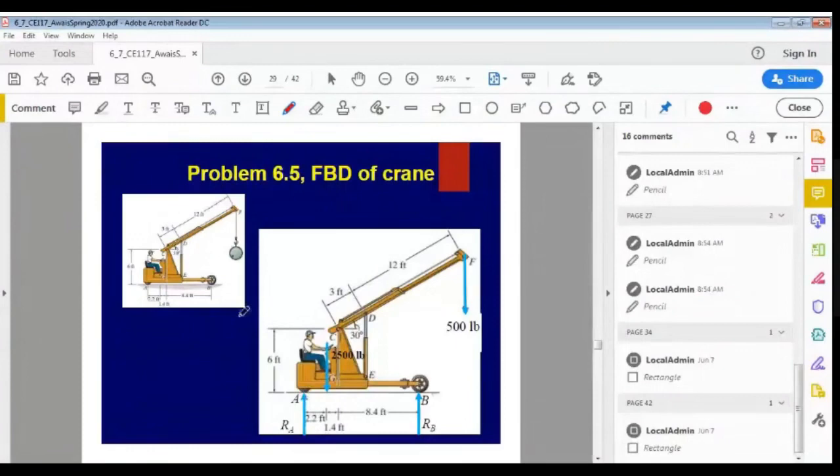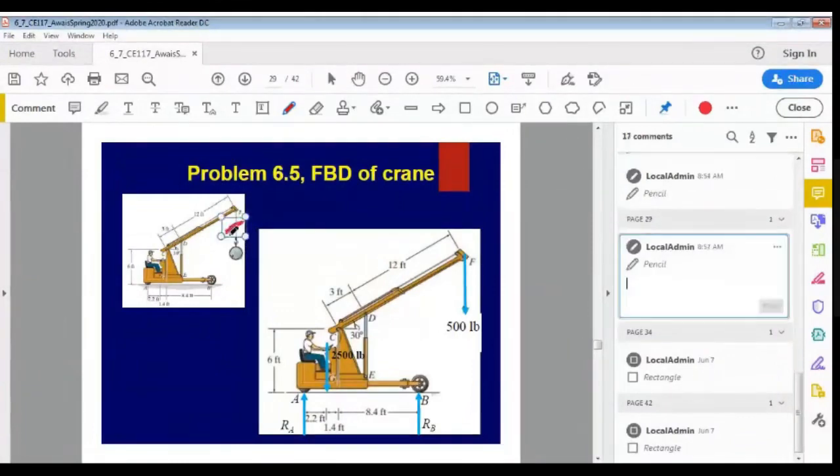There is another wheel over here, so there is no horizontal force, but there is a surface at the bottom. So if I remove the surface at point B, I will get another force. Then this crane is also supporting this drum of 500 pounds. So if I remove this drum over here, I will get a force over here.